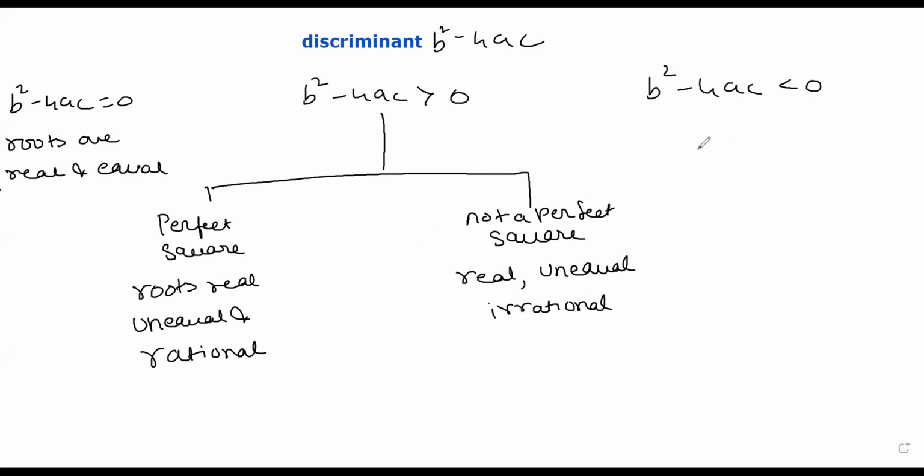And if it is less than 0, then roots are imaginary. They are actually not equal and imaginary, but even if it is imaginary, that is what you write, that is right. Okay, you can also write it is imaginary.